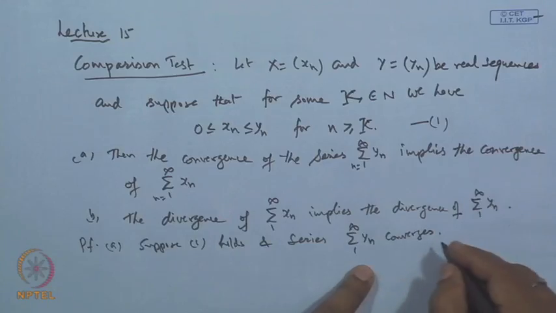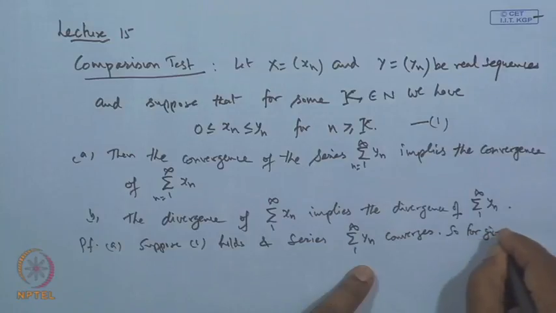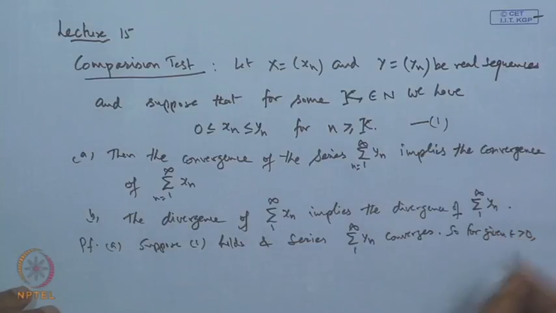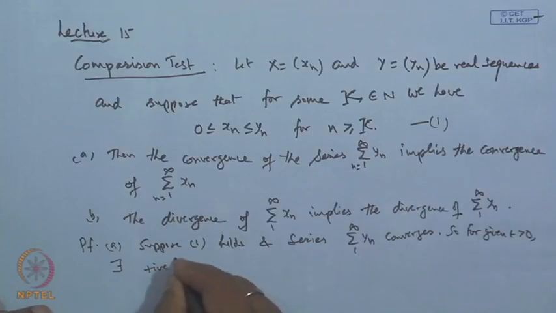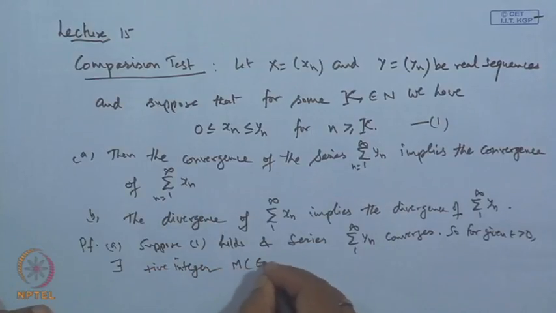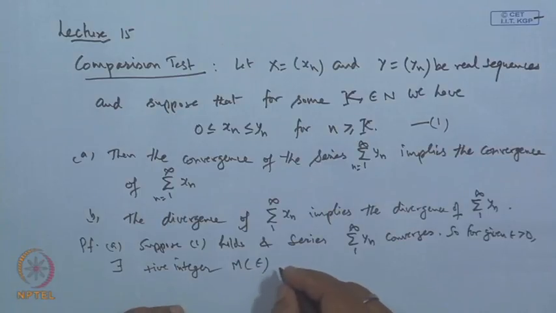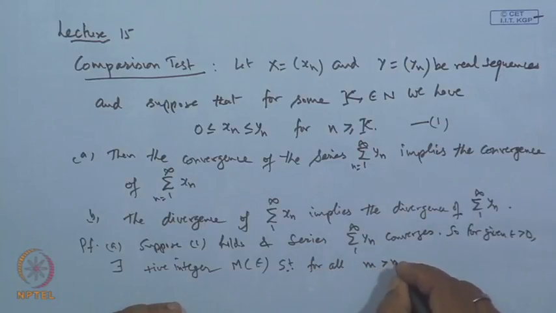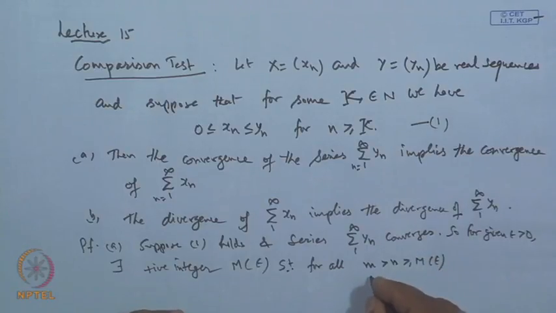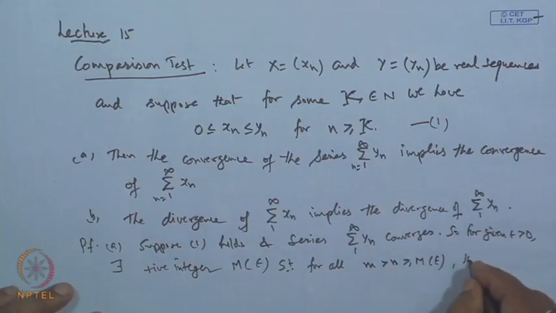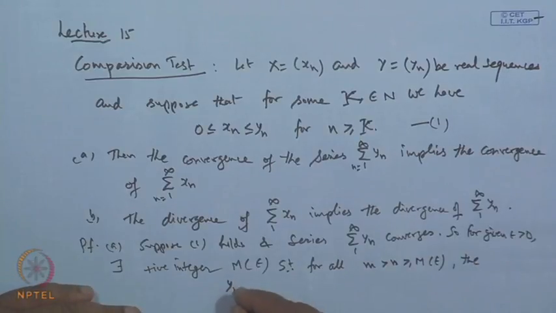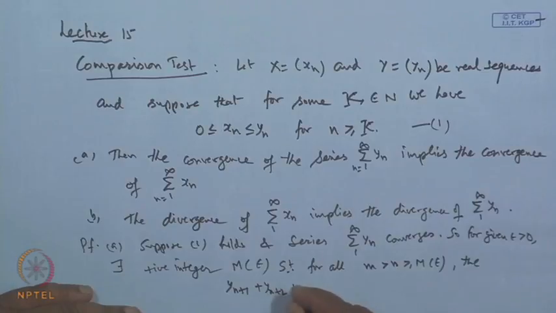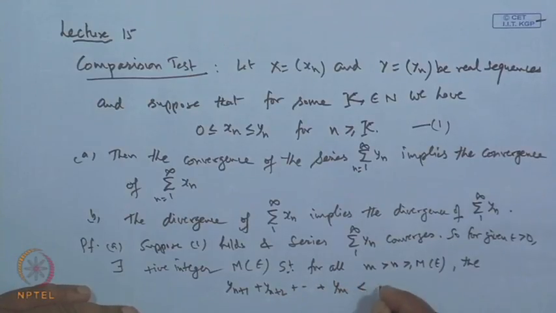So, for given epsilon greater than 0, there exists a positive integer, say capital M, which will depend on epsilon, such that for all m, n greater than or equal to M epsilon, I am choosing m to be larger than n, the condition that y n plus 1, y n plus 2 up to y m is less than epsilon.